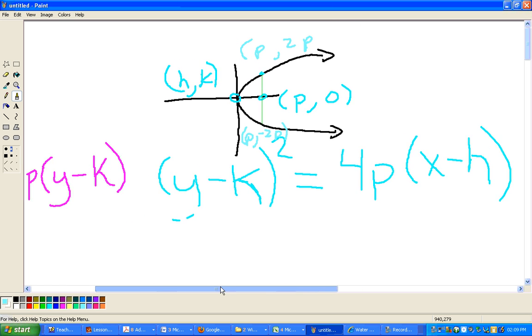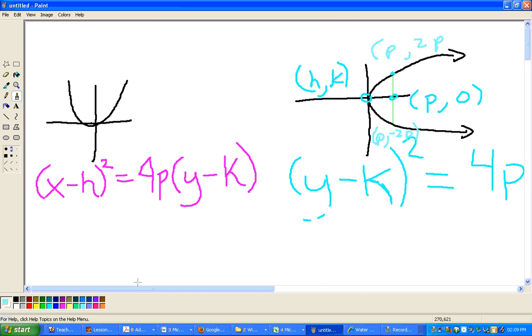If you understood that, you should be able to label the same type of thing for this parabola. I'll give you a minute to make sure that you can sketch that. What are the coordinates of the vertex? Well, actually, I kind of on purpose offset them a little bit.